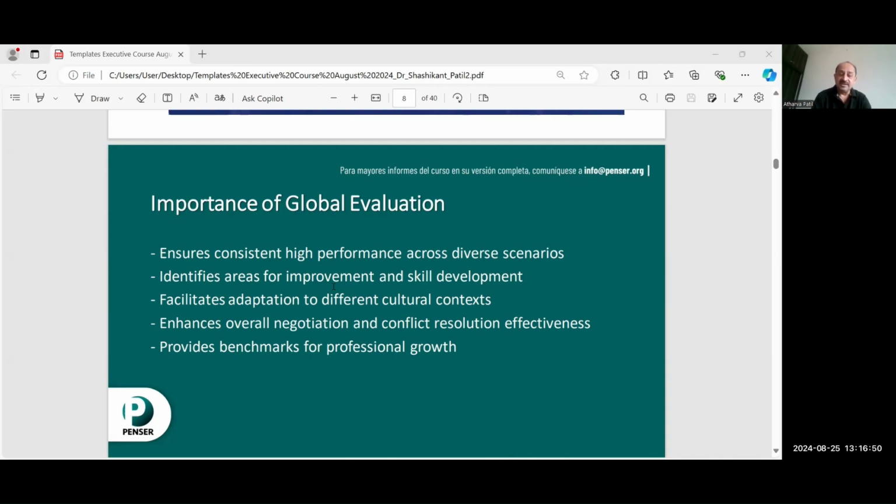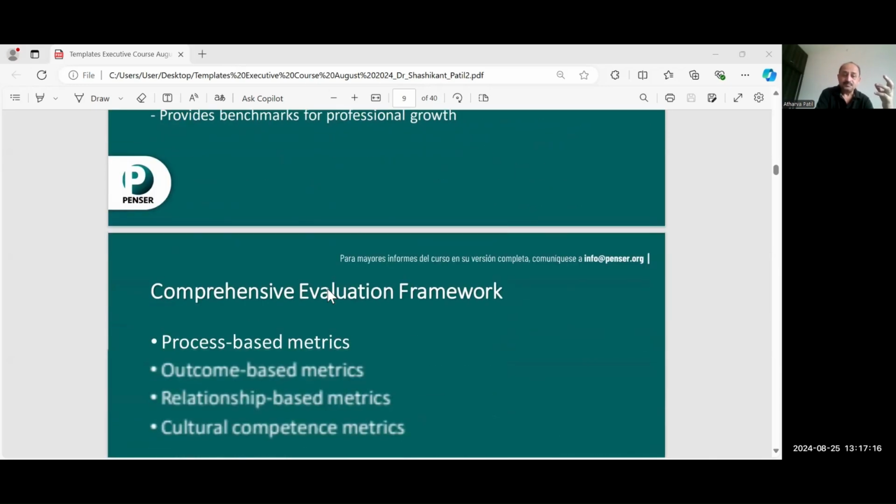It also provides benchmarks, a gold standard for professional goals, and it will ultimately lead to organizational growth also. If individuals achieve professional growth, then definitely it will end up with organizational growth as well as regional, communal, national, and international growth at a global level.